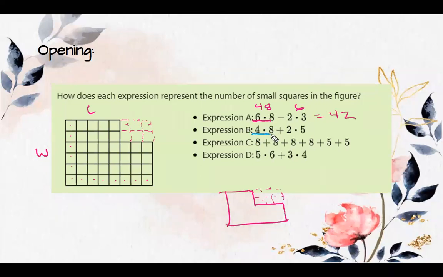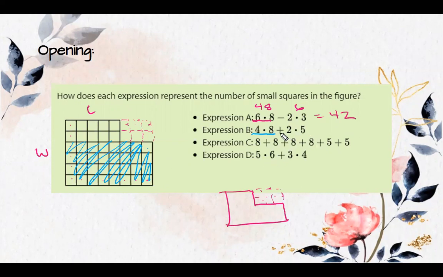Where do you see 4 times 8? One, 2, 3, 4. And then there's 8 going across. So it would be all of this. Okay, so that's 4 times 8, right?